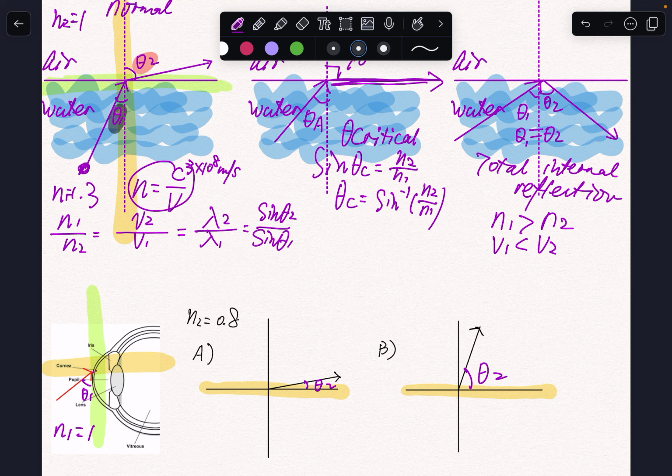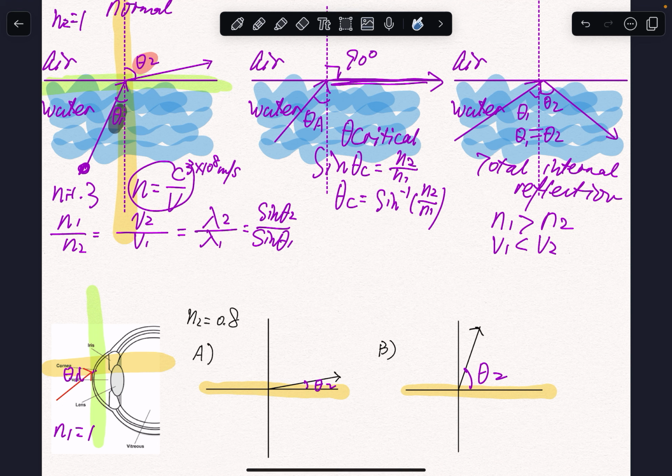Theta 1 is actually this angle instead of the angle here, okay? So make sure you pay attention. What is the surface that the light is hitting? Is it horizontal or vertical? Then you draw the line perpendicular to it, that is the normal line. And then you decide where theta 1 and theta 2 are.